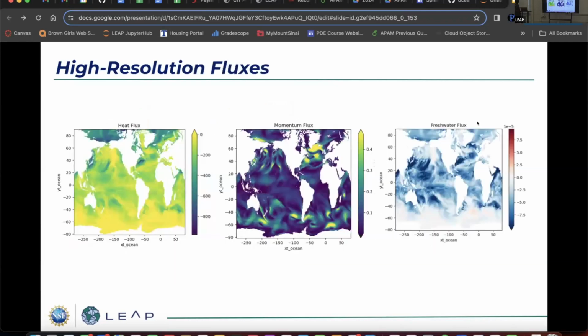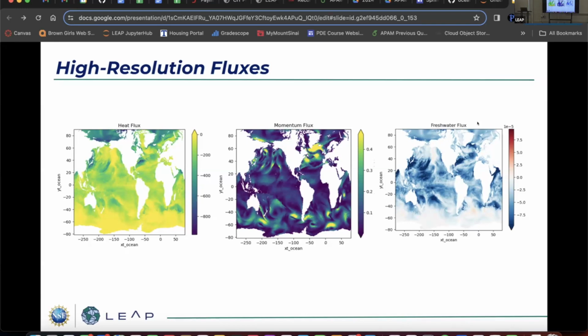Okay, so now these are just a couple maps of the fluxes that I've been talking about. I've included these here just so you can get an idea of what the global patterns look like with these fluxes. For example, with the momentum flux, the areas where you'll have the highest momentum flux are the areas where typically there are the strongest zonal wind components.